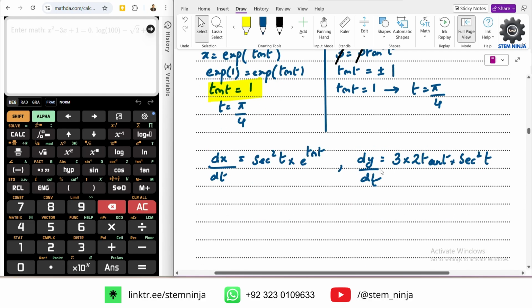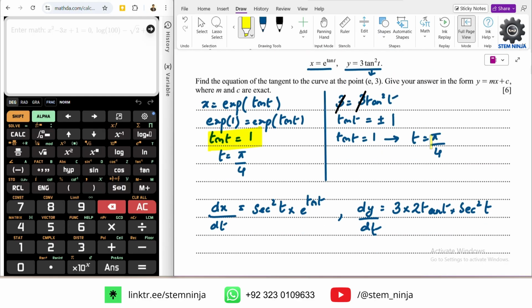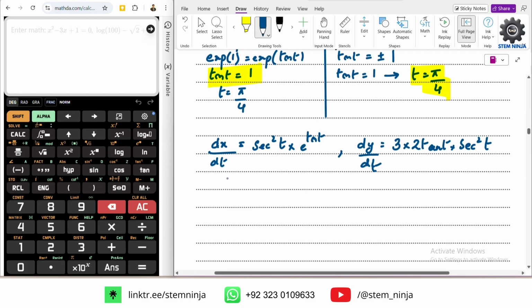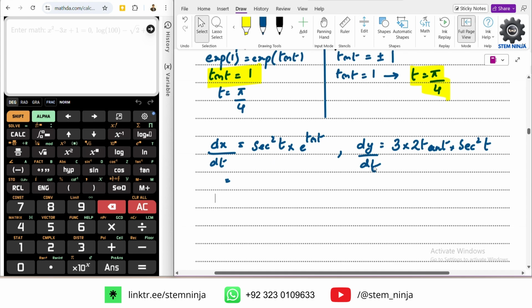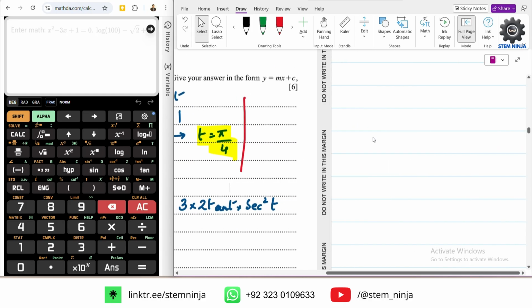Right? Okay. Now before we do the chain rule over here, it would be wise to just simply plug in t is equal to pi by 4 at this moment. So first off, we can just simply figure out what secant squared pi by 4 means. We can do this without the help of the calculator also. Secant is based on cos.